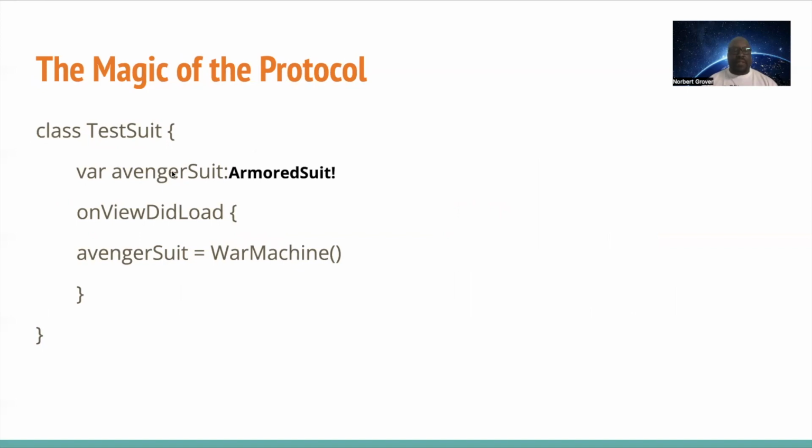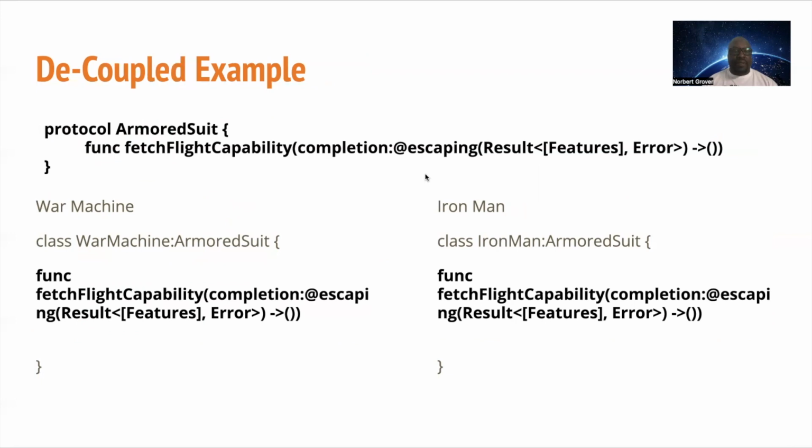Instead of making this of type War Machine, you're going to make it armored suit. Instead of making this of type Iron Man, because this could be of type Iron Man, you make it of type armored suit. And both of those, War Machine and Iron Man, conform to armored suit, right?